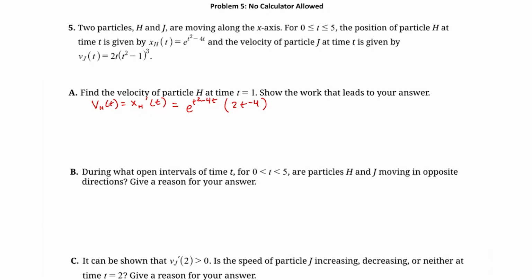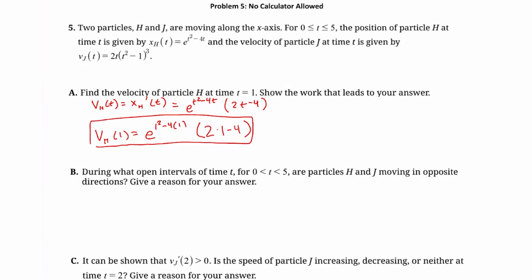And now we're going to evaluate that at t equals 1. So the velocity of particle h at t equals 1 is going to be e to the 1 squared minus 4 times 1 times 2 times 1 minus 4. Now that's it. We're not going to go any further. That is the velocity. There's no units here, so we don't need to say anything. We're just going to go ahead and box our answer.